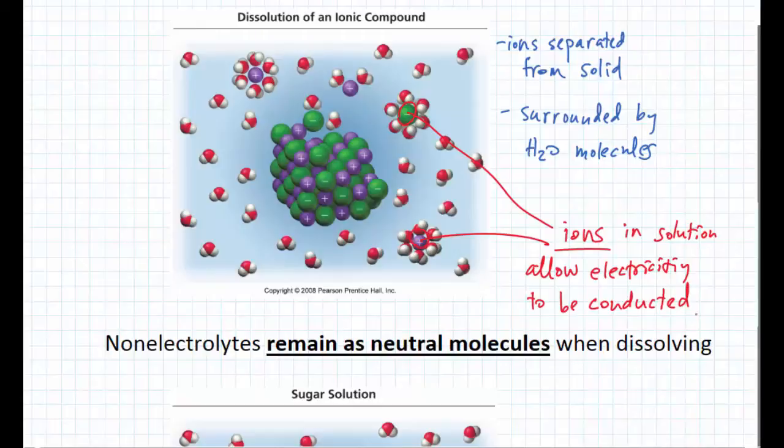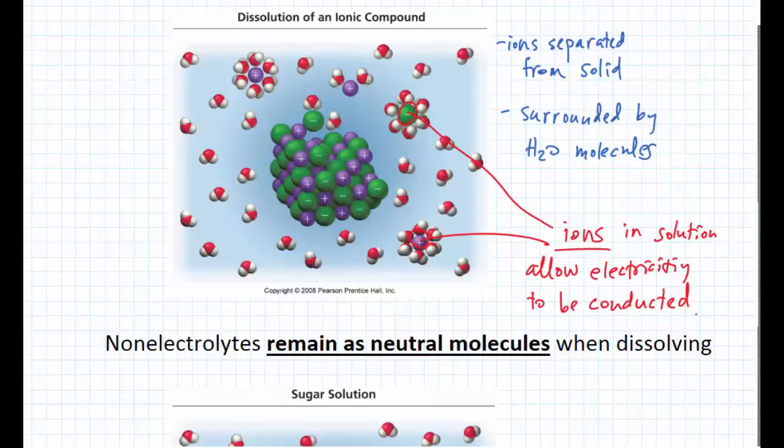The way it actually works is that each ion will be attracted to an opposite electrode. The negative ions are going to be attracted to the positive electrode, the positive ions, vice versa. So that motion of ions towards each of those individual electrodes is actually what allows the circuit to be completed.